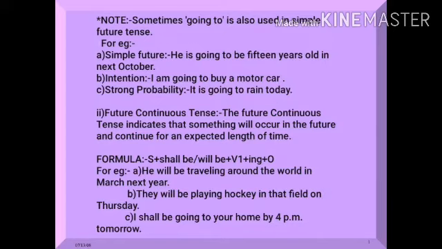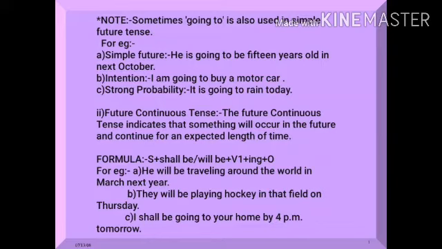Now, after this, we are going to learn about future continuous tense. The future continuous tense indicates that something will occur in the future and continue for an expected length of time.